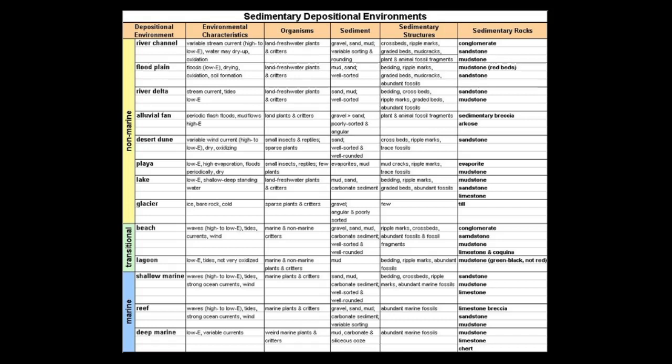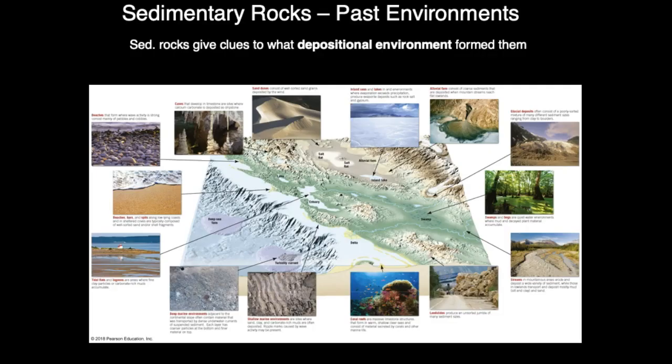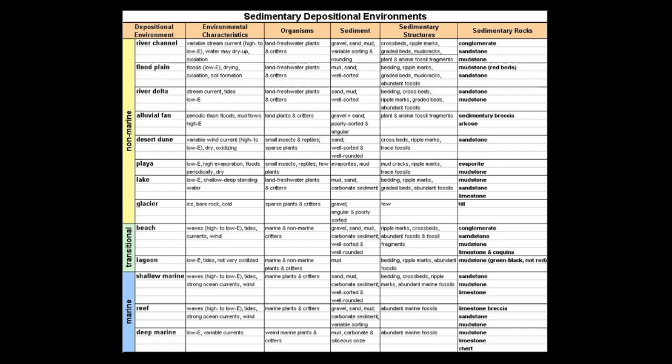And it will ultimately tell you what kind of rock typically forms in an environment such as the one that is listed. So you can use, for example, this figure along with this image right here and come up with an idea of what sort of environments make what type of rock.